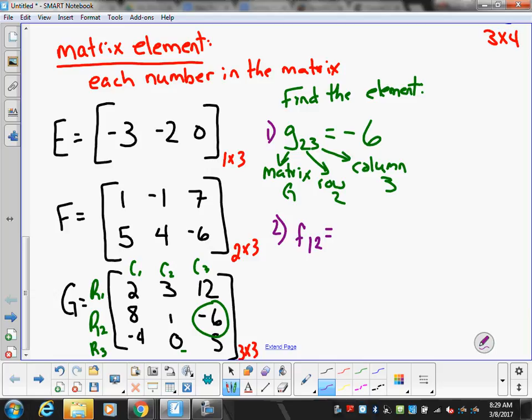Okay, row 1 in matrix F. So row 1 is here, column 2 is here, negative 1 is main. So start with which row it's in, find that row, and then go over to that number column.